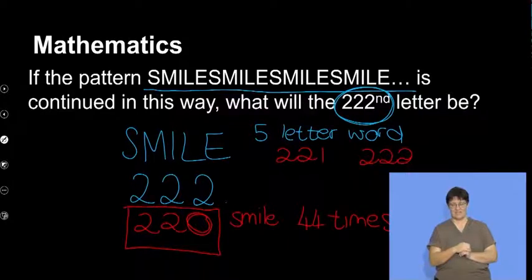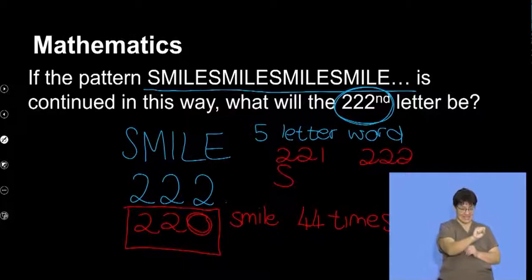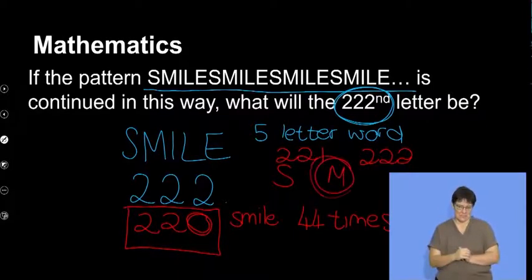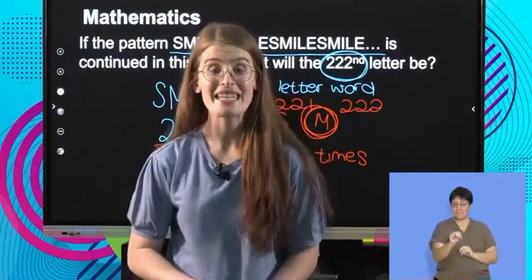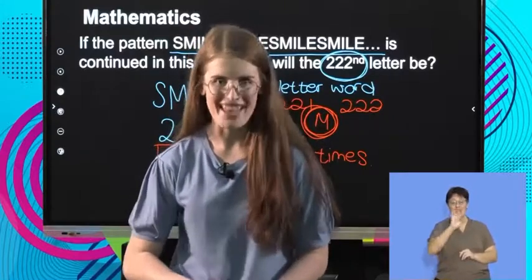This means that the 221st letter will be S, which means that the 222nd letter would have to be M. So, for that particular example, M is the 222nd letter in the pattern.